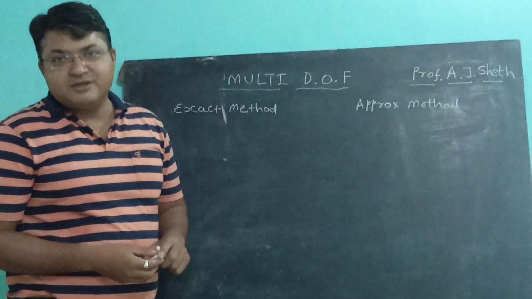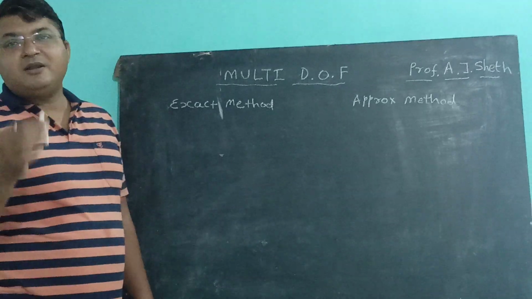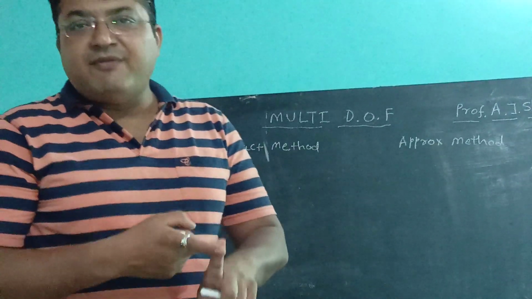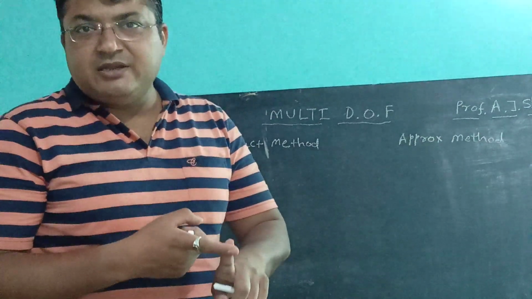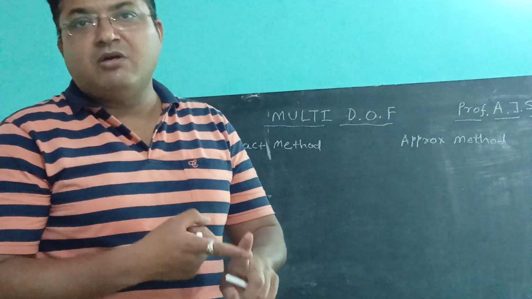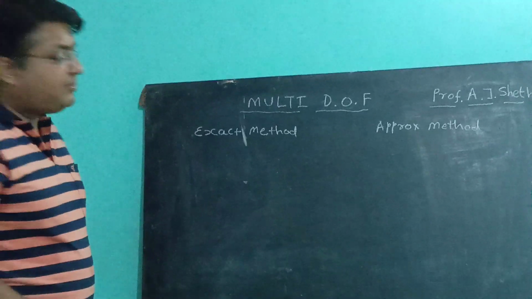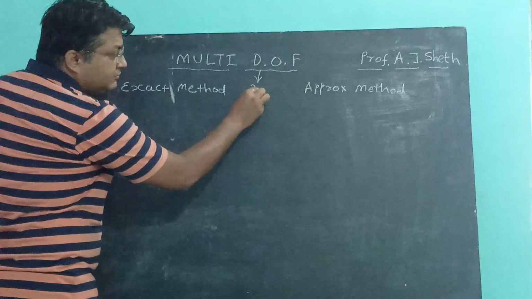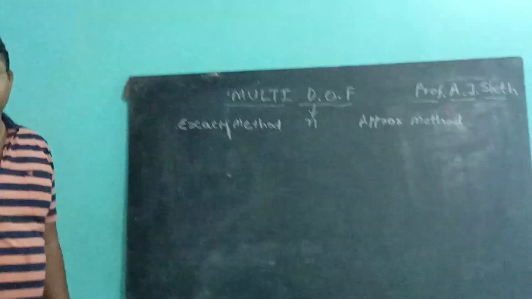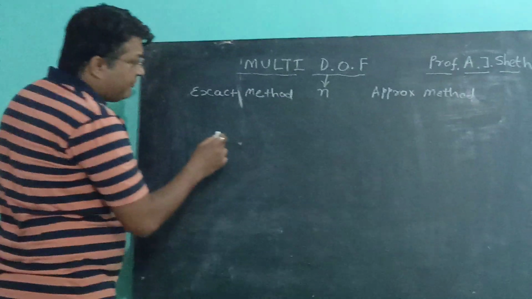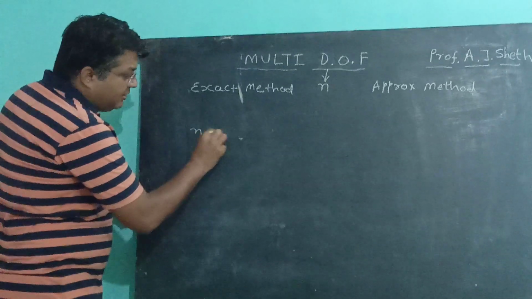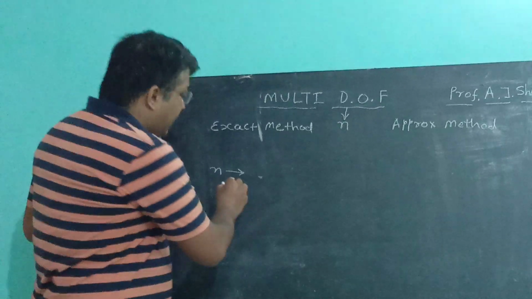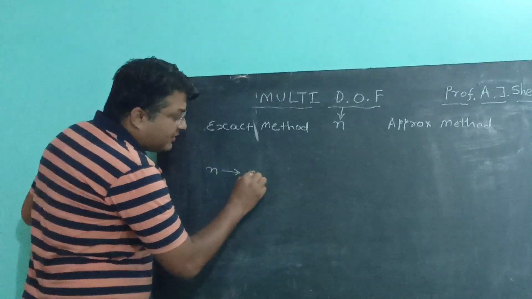Degree of freedom is the number of independent coordinates which are required to define the state or motion of a particular system. Suppose there are n degrees of freedom. So what does it mean? If n degrees of freedom are there, then the system will be defined by n differential equations.